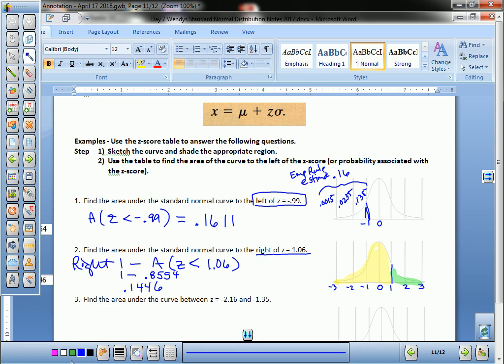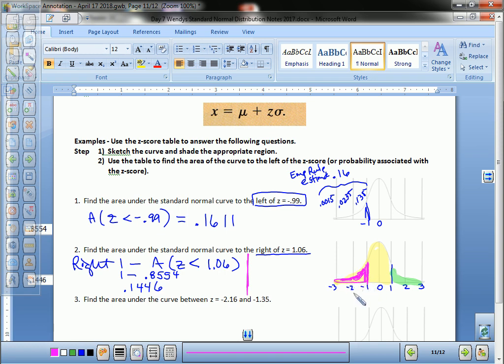Okay? There's another method. Okay, what do you think? Can't you just look at the negative? The opposite? Yes, you can. Is that what you were saying? Just look at the opposite. If we look up negative 1.06 right here, it gives us this area. Is that the same as the green? Yes. Wow.